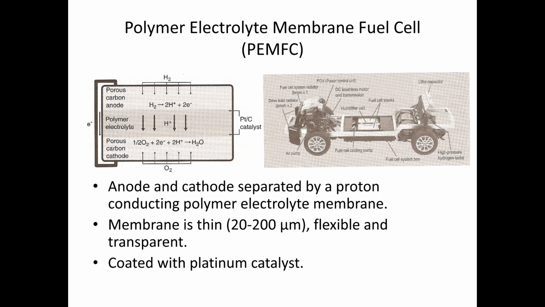The membrane itself, the electrolyte itself, is super thin, right? You want it as thin as possible in order to provide the least amount of resistance to the positive ion flow. And of course, it's coated with platinum as well at the junction between the electrode and the electrolyte in order to increase the rate of reaction.